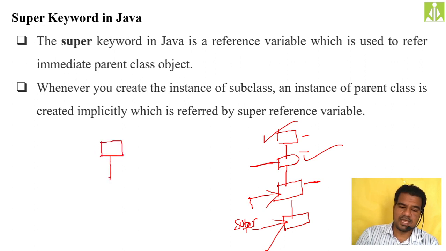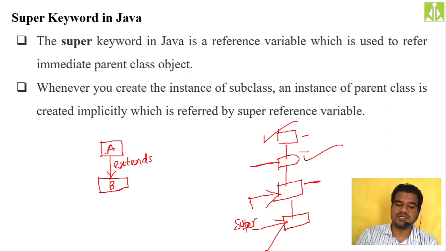If you have class A and class B, and class B is inheriting from class A, this is your A class and this is your B class, and in between you have the extends keyword, because class B is inheriting from class A. So this extends keyword will inherit all the properties from A to B except private, isn't it?